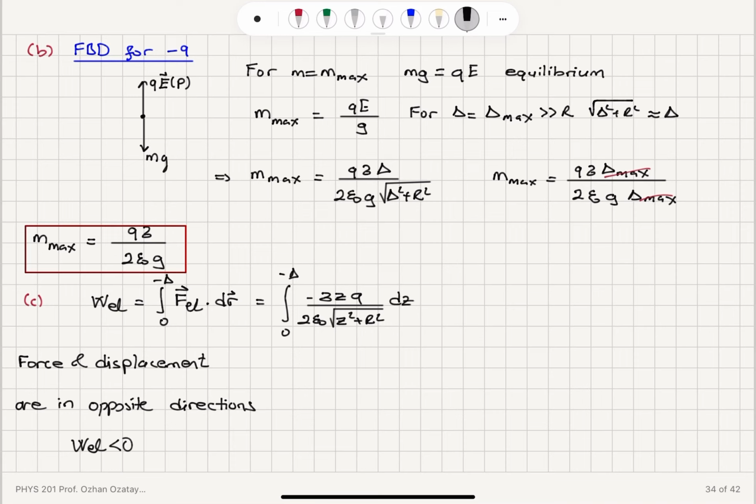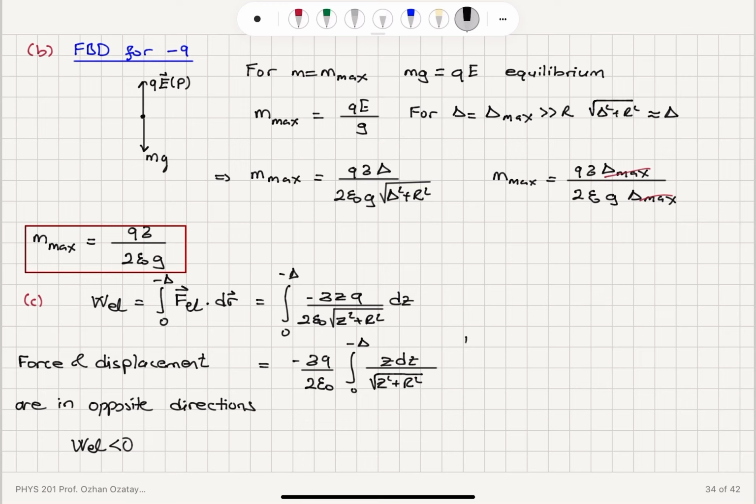So we're going to integrate this. This will give us minus sigma q over 2 epsilon 0 times the integral from 0 to minus delta of z dz divided by the square root of z squared plus r squared.